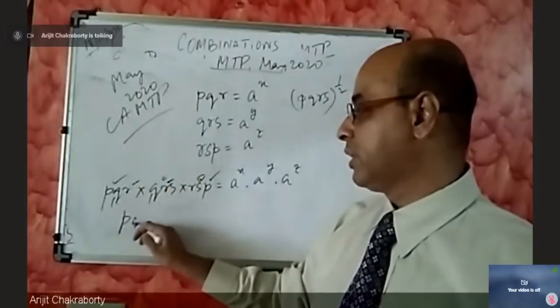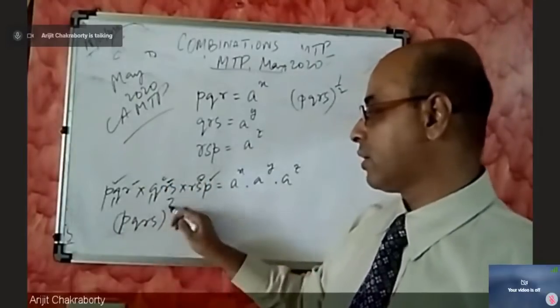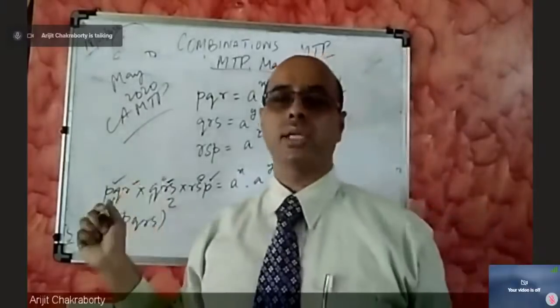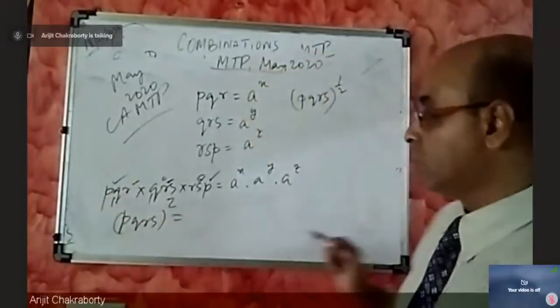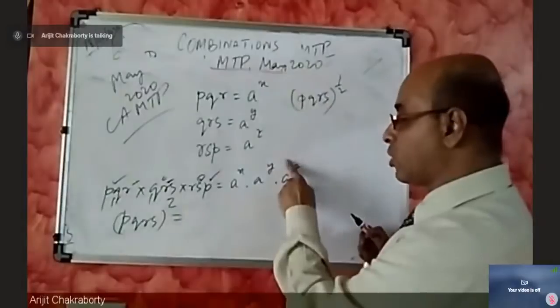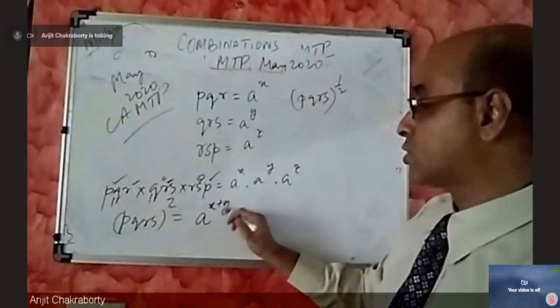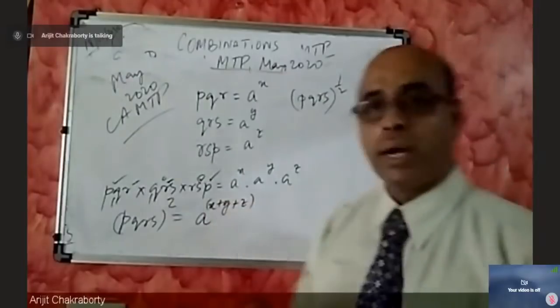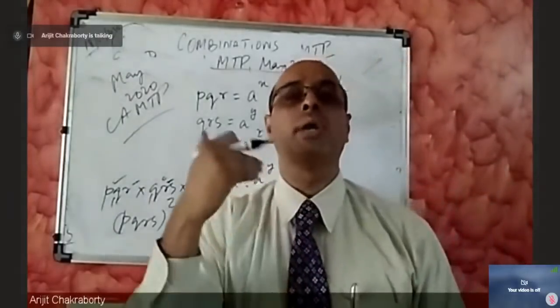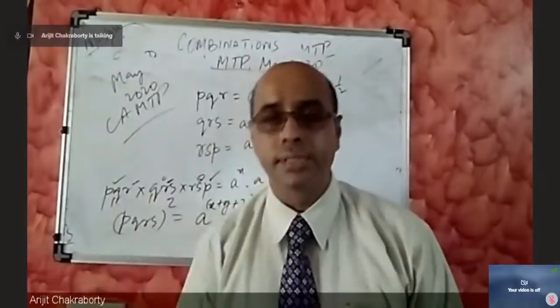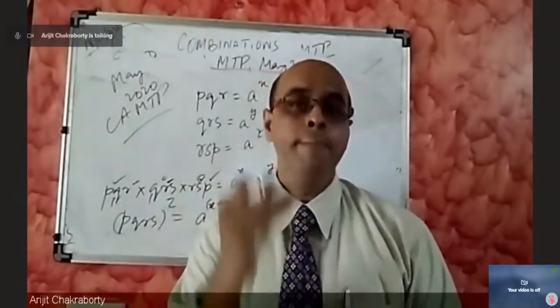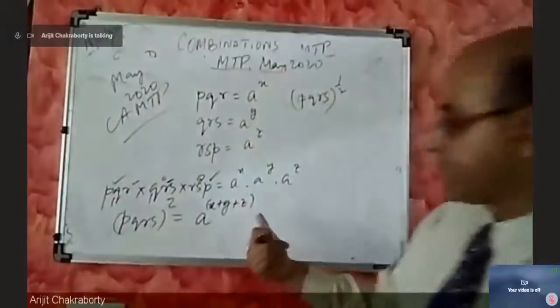So it is basically PQRS whole square: P square, Q square, R square, S square. This is equal to a to the power x into a to the power y into a to the power z. But you know this is equal to a to the power x plus y plus z. Fundamental law of indices: a to the power m into a to the power n is equal to a to the power m plus n.